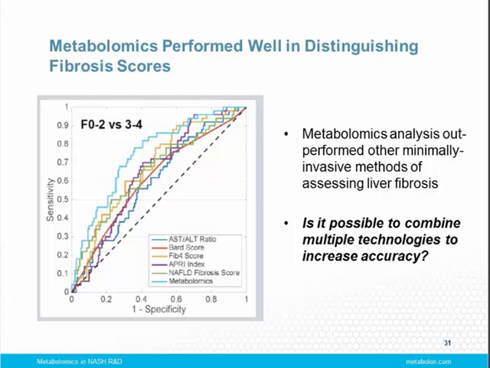Now this type of work really opens the doors in a couple of ways. It really reveals the opportunity to incorporate metabolomics into diagnostic tools, something that is a minimally invasive diagnostic tool is really lacking in this area. And then in the short term, it also gives us a tool to compare preclinical models to human models of NASH.